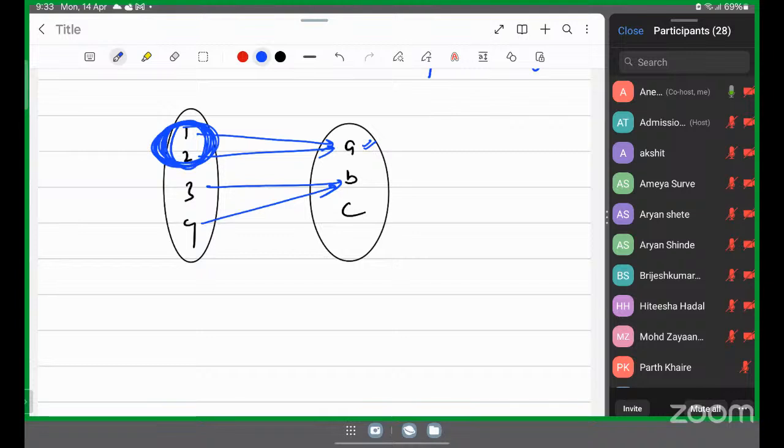That's why we are calling it many-one. Many-one means many elements from domain are connected with one element from codomain.